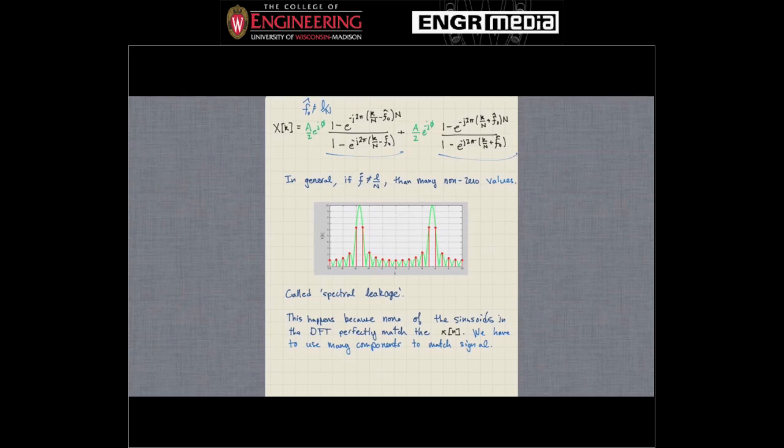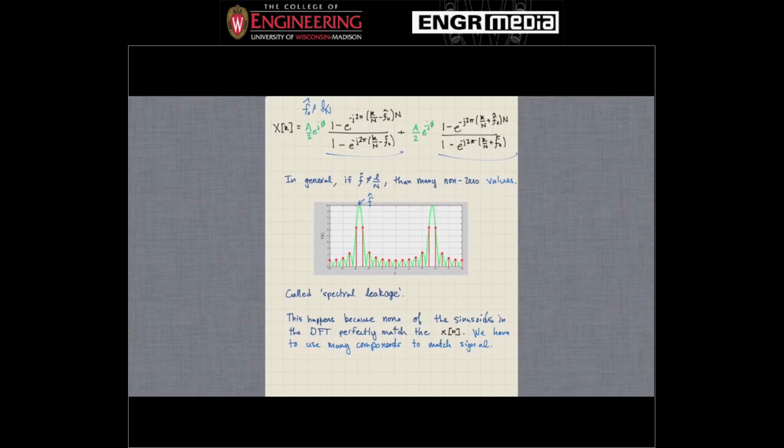If we were perfectly lined up, meaning if f hat, which is this peak, happened to be at an integer divided by n, then we'd be sampling right at the peak. And all the subsequent samples that weren't at the peaks would be in these valleys.